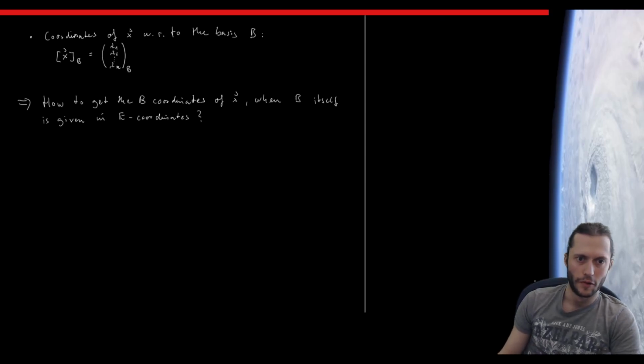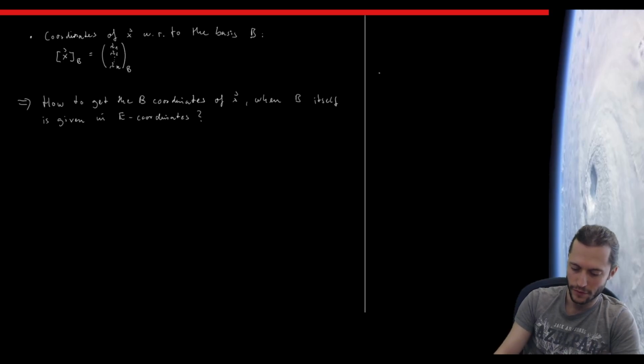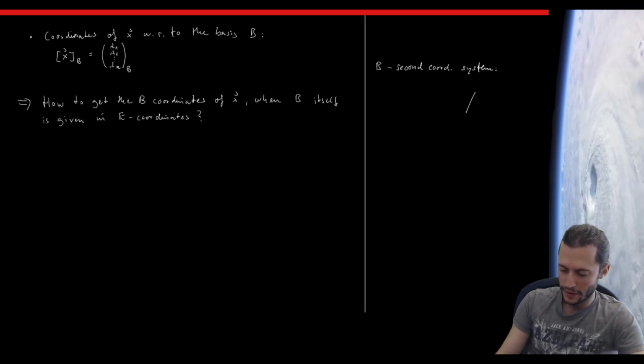Now, this sounds more complicated than it is. What I mean by that is, let's introduce b, the second coordinate system. We still have the vector x. You see it's untouched.